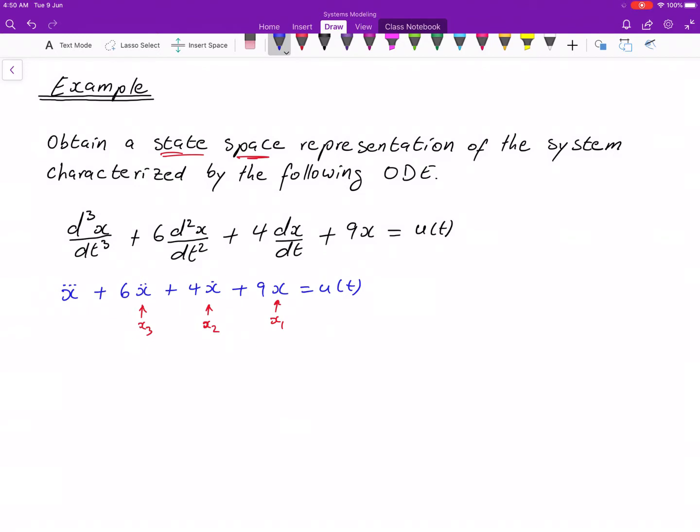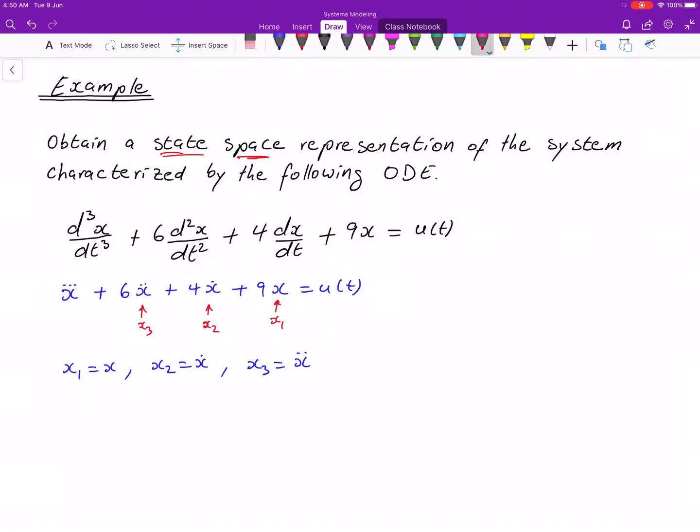What we have now is, we said our x1 is equal to x, then x2 is equal to x dot, and we say our x3 is equal to x dot dot.